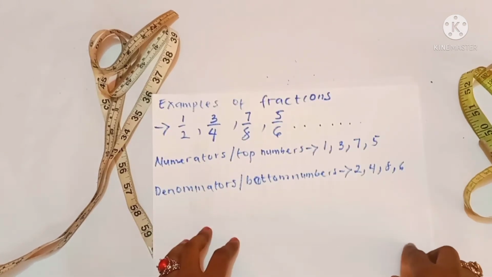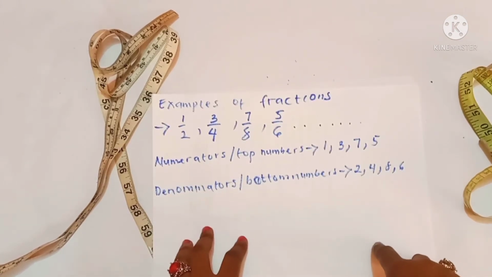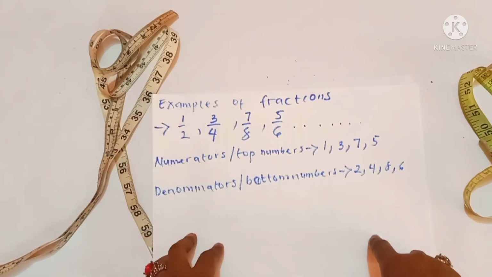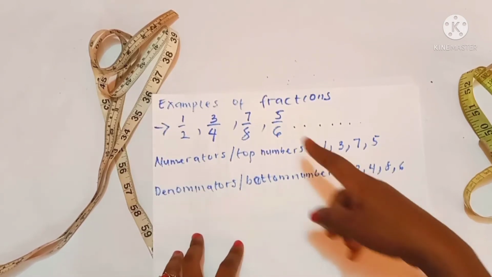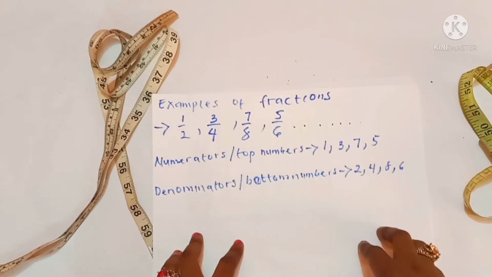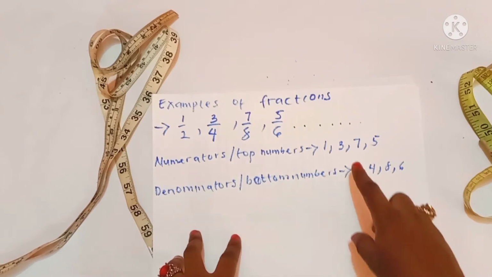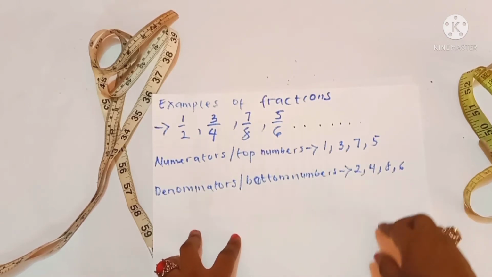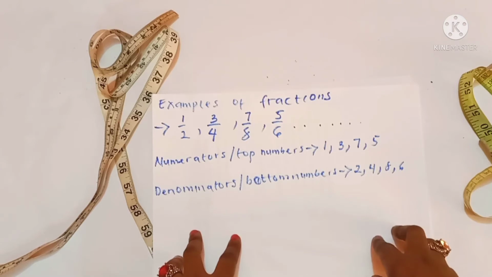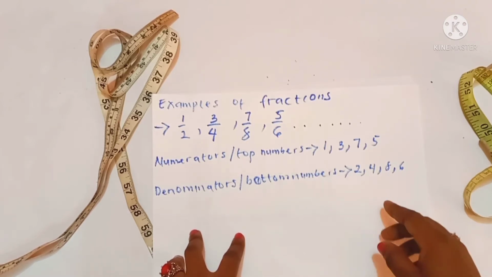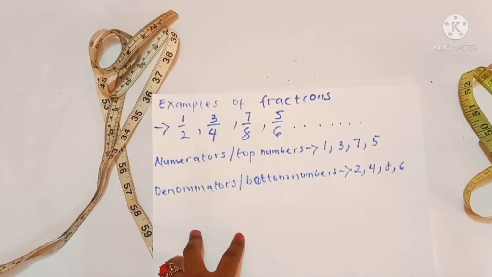Examples of fractions are, but are not limited to, the following: 1/2, 3/4, 7/8, 5/6, and so on and so on. Numerators or top numbers here are 1, 3, 7, and 5, while the denominators or bottom numbers here are 2, 4, 8, and 6.